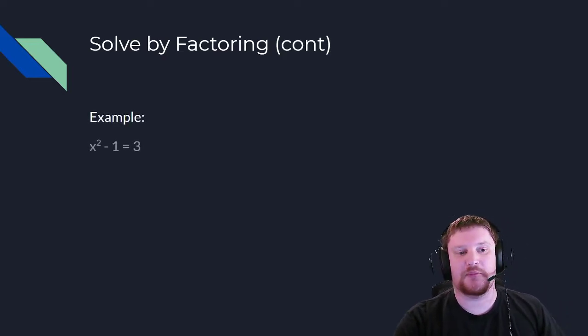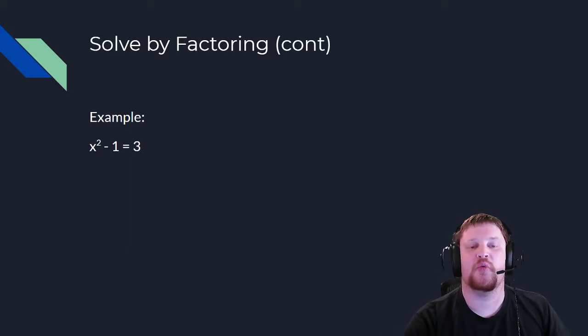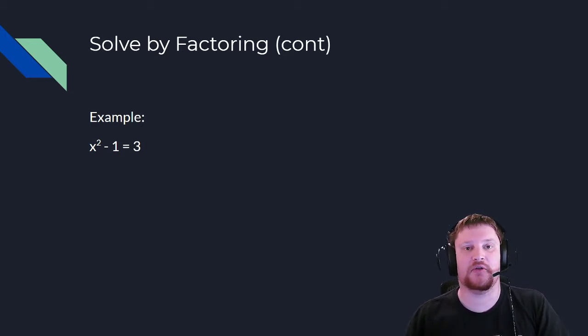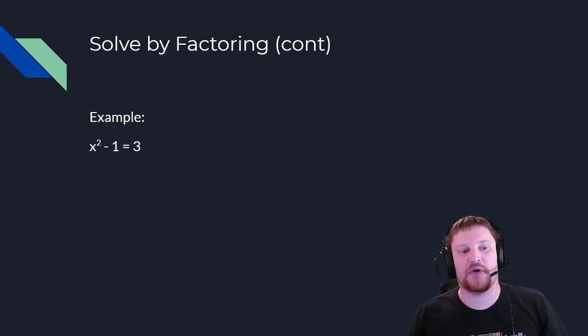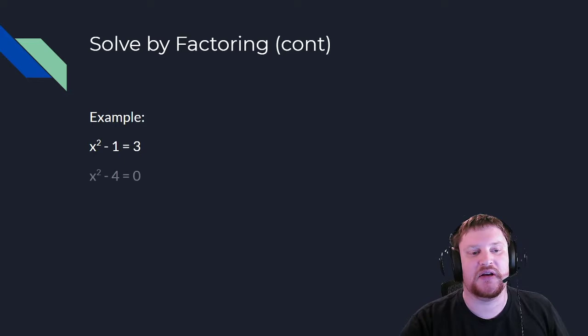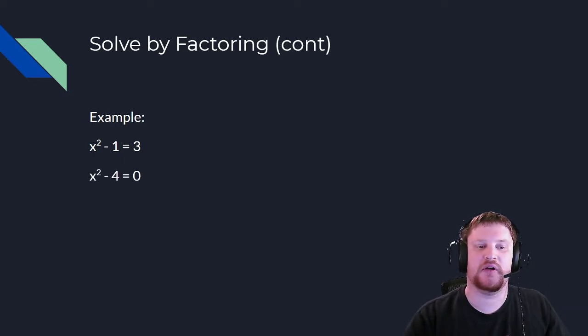So, for example, we're going to use the same example. We have x squared minus 1 equals 3. We need to get this equal to 0. But right now we have 3 on the right. The opposite of 3 is minus 3. So if we subtract 3 from both sides, you get x squared minus 4, because negative 1 minus 3 is negative 4, equals 0.